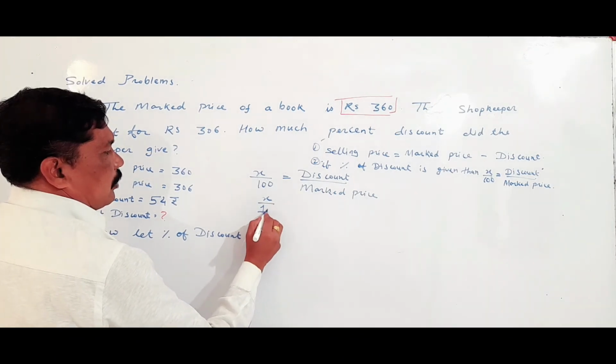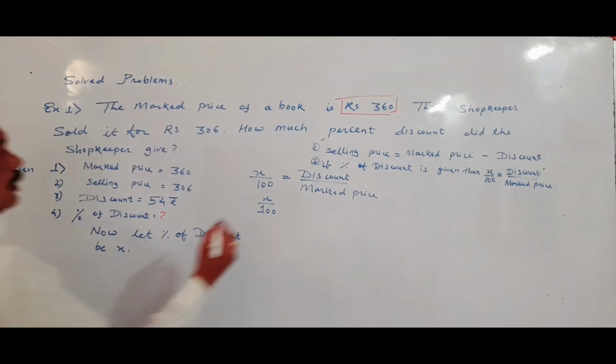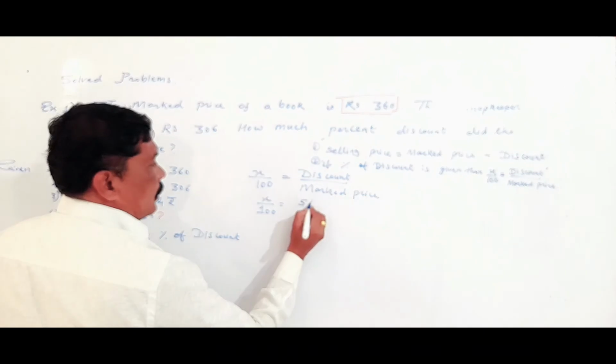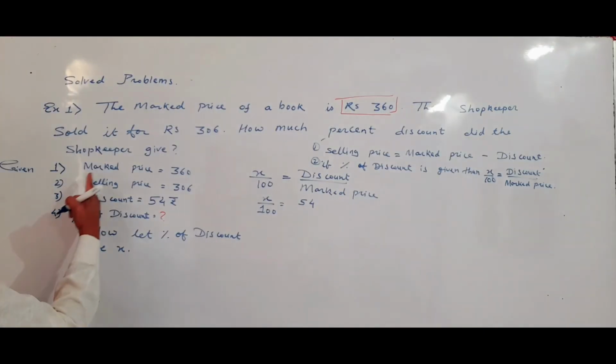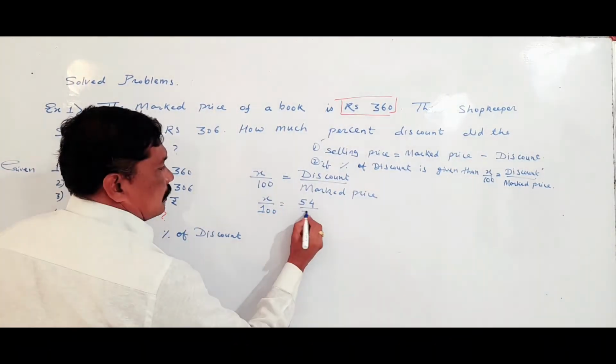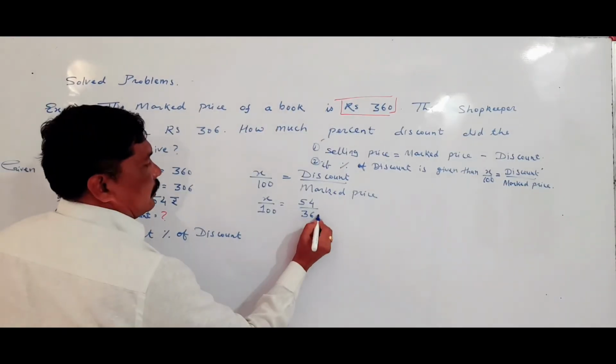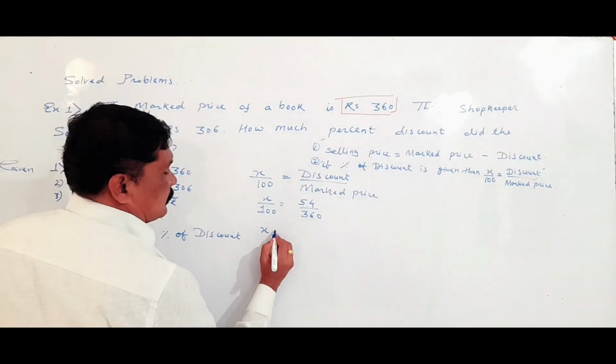X upon 100 is equal to the discount we got, 54, and mark price is 360.